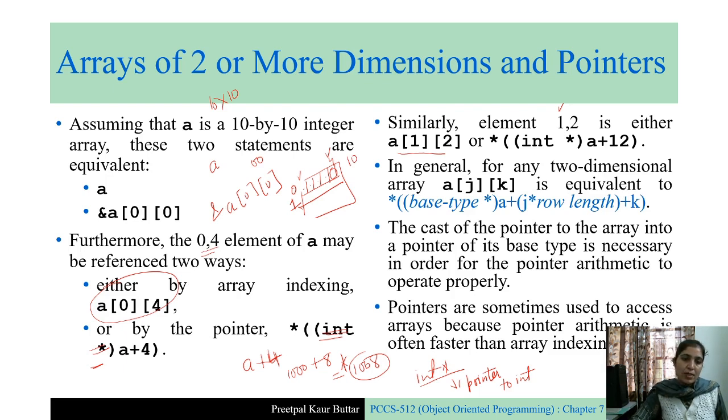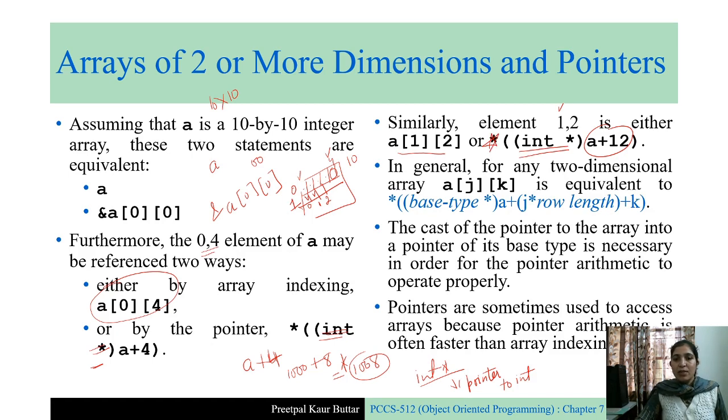So in order to access it, you have to jump element 0 and element 1, and here is element 2. So in total, you have to jump 12 elements. That is why we are writing 12 here. Whatever value we get after this arithmetic, we will convert it into an integer address, and then we access the value at that address.